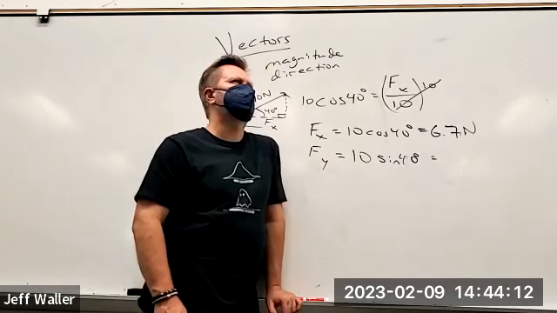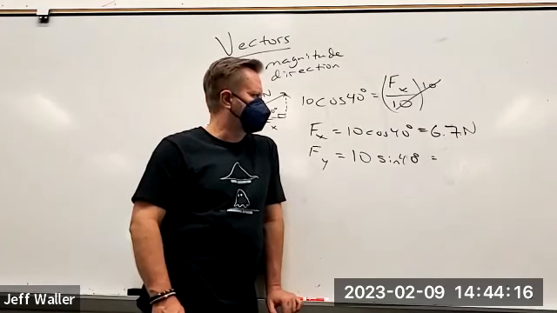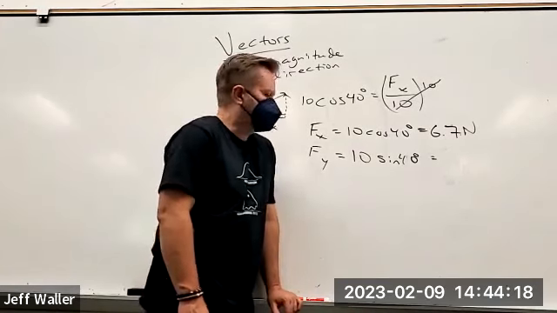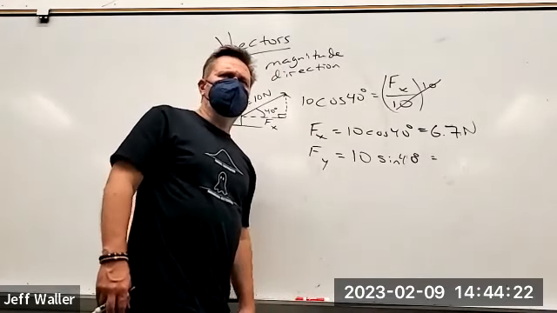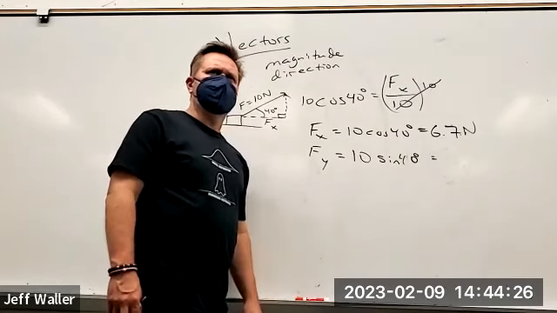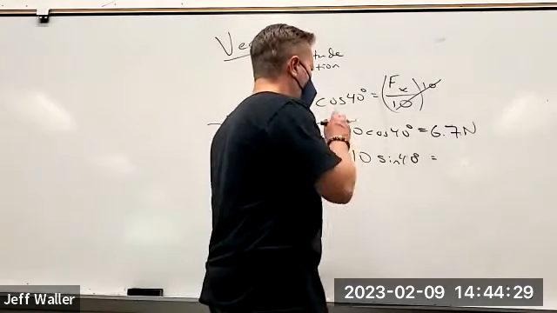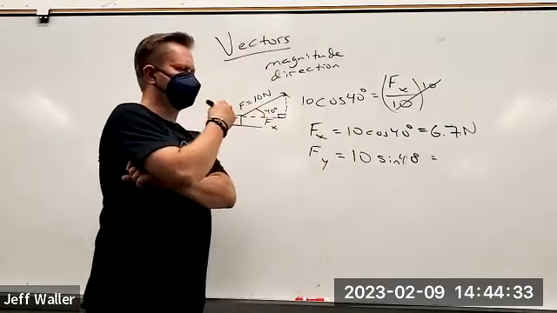Or wait a minute. Maybe 6 point something still. I'll say 6. Of course, I'm trying to do some weird trick in my head. So maybe 6.2. I don't know. Really? No, that can't be right. It's got to be less than 6.7.